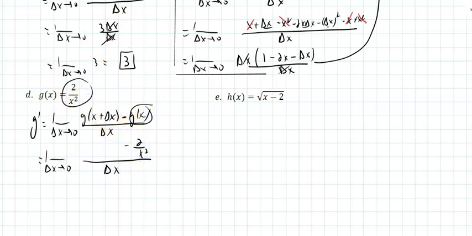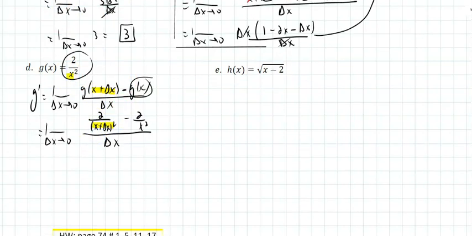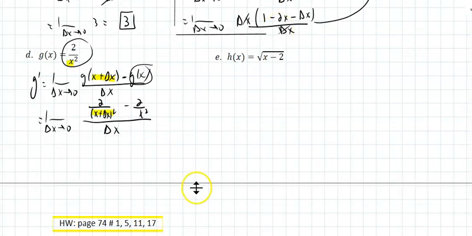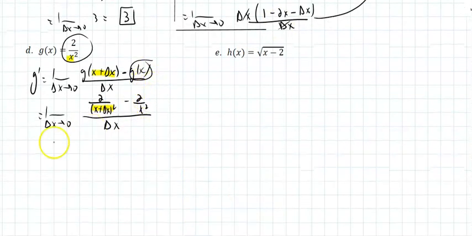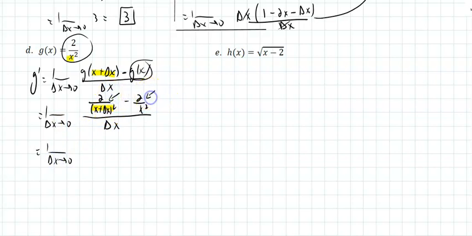And what is g of x plus delta x? Wherever you see an x, you replace it by x plus delta x. Those are the 4 types of problems that you come across all throughout. And again, if you let delta x equal 0, notice this will be 2 over x squared minus 2 over x squared.